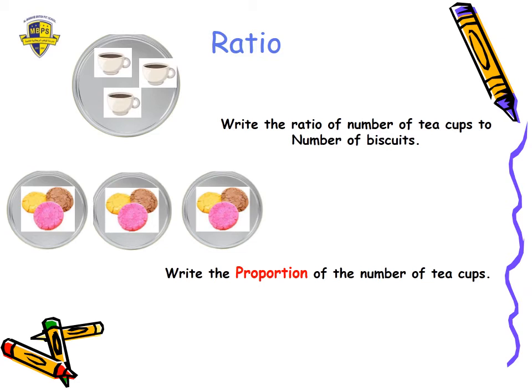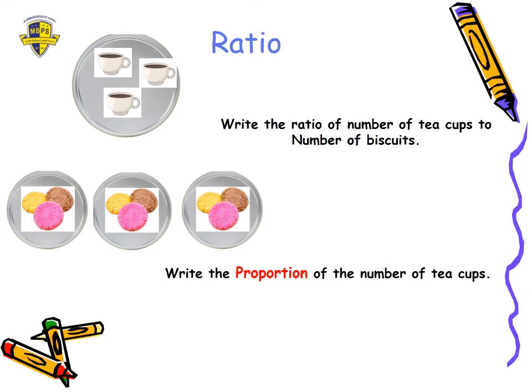In one tray there are 3 cups of tea. Good. And how many biscuits inside only one tray? 3. Good. So because we have here 3 and here 3, it's okay if we say there is 1 tray of cups of tea and 3 trays of biscuits. So here the ratio will be 1 to 3.